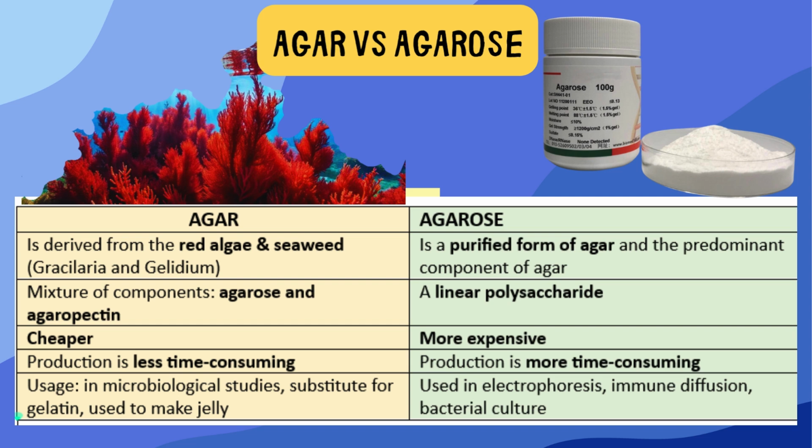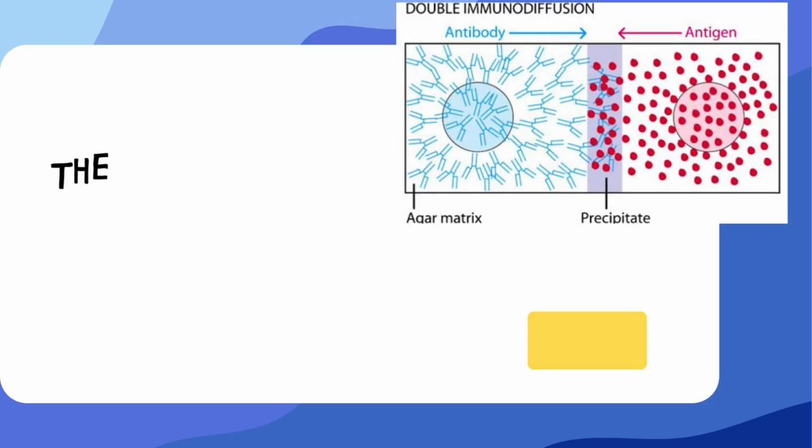Agar is composed of agarose and agaropectin, while agarose, which is already a modified purified form, is a linear polysaccharide. Hence, it's more expensive and time-consuming to produce. But agar is cheaper and less time-consuming.